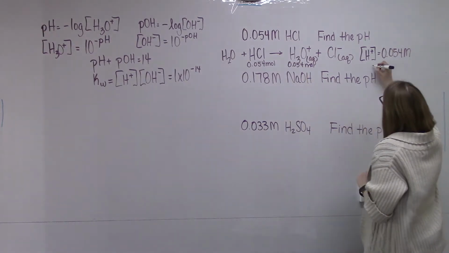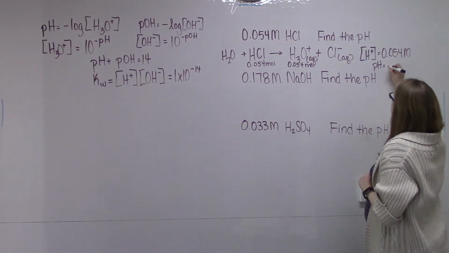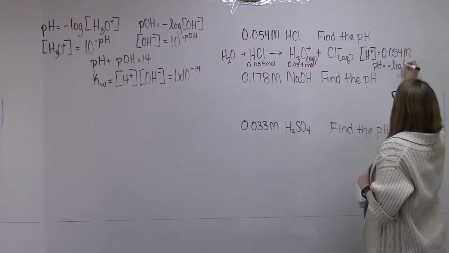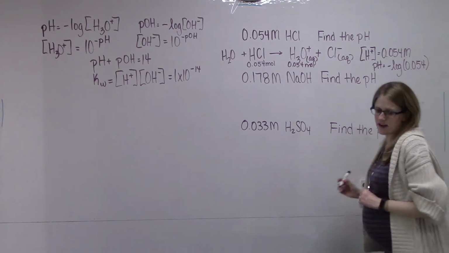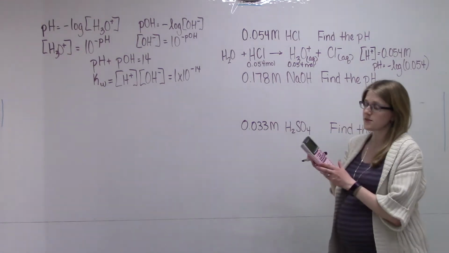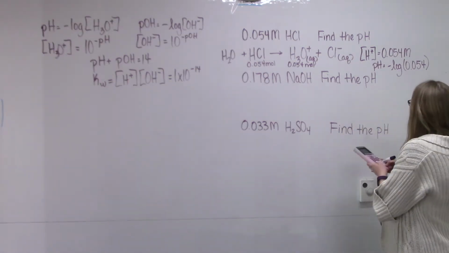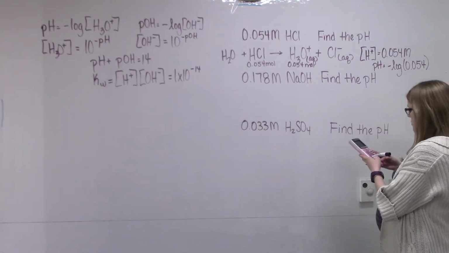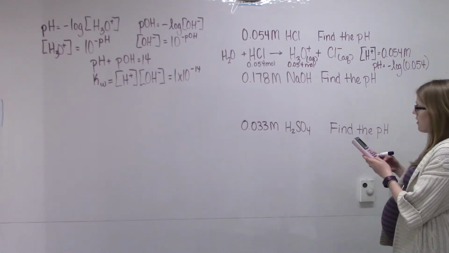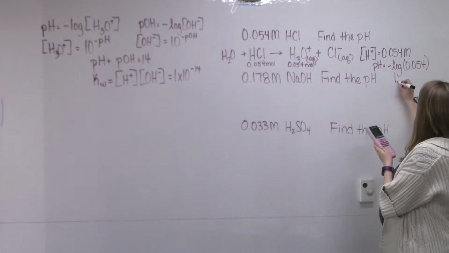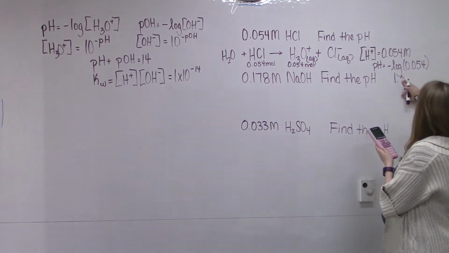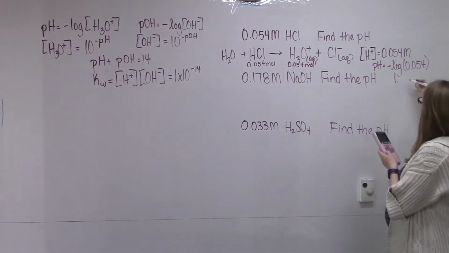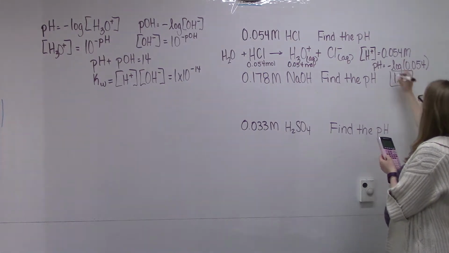So at this point, to find the pH, we do the negative log of that concentration. I'll go ahead and get that answer for you. Please practice doing it yourself as well. Negative log 0.054. We have 1.2 two sig figs, honors, 2 sig figs. So it'd be 1.3. There's your answer.